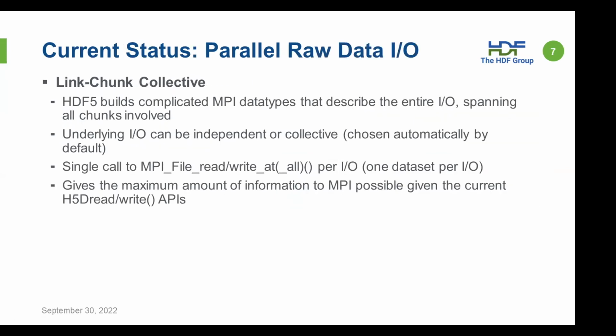And then the highest level of IO information in the current library is called linked chunk collective, and this is actually in most cases the default if you're doing collective IO. This is where the library builds an MPI datatype that spans all the chunks in the IO.